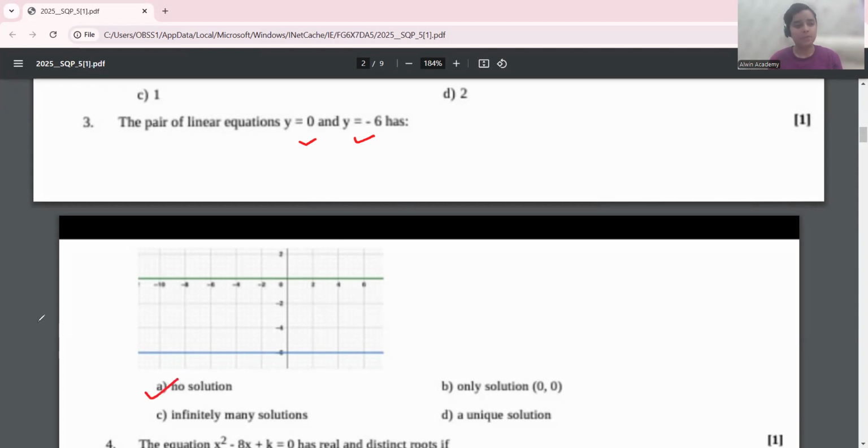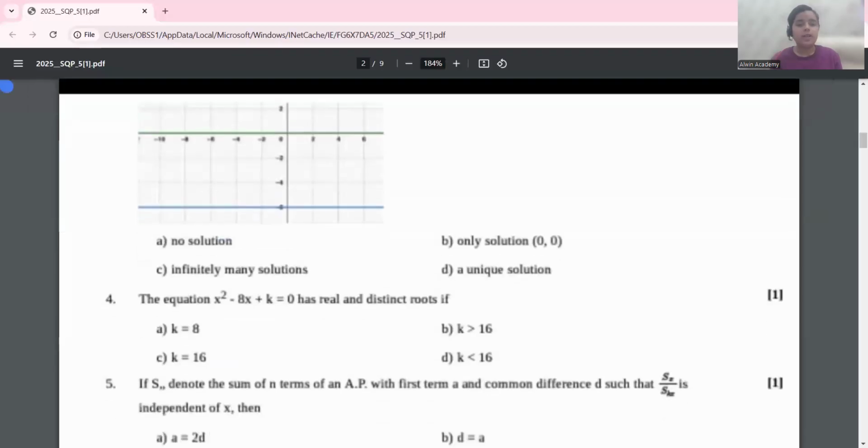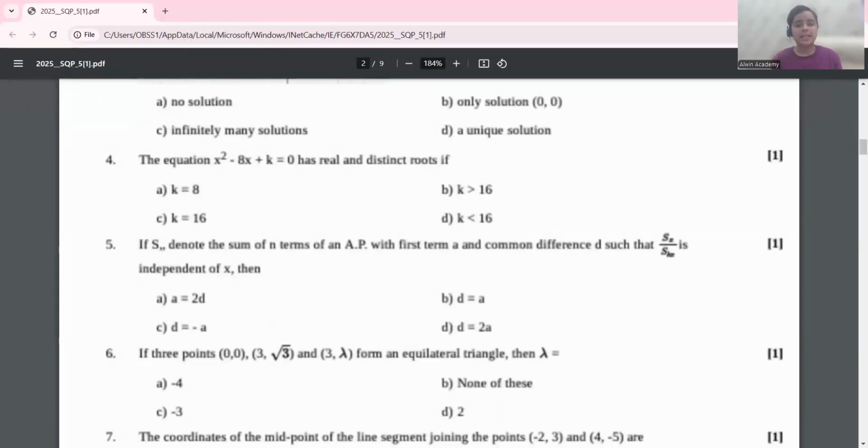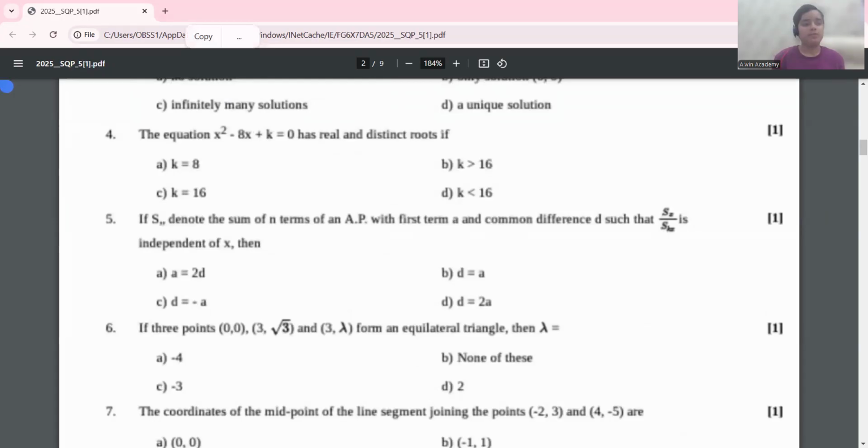Option number A. Moving to the next question, we have the equation x square minus 8x plus k has real and distinct roots if. Now, for an equation to have real and distinct roots, we know the discriminant or D should be greater than 0. I put in the values for D, which is b square, that is 64, minus 4, a is 1, and c is k.